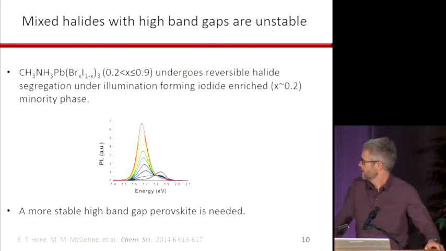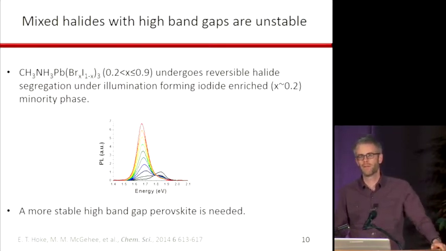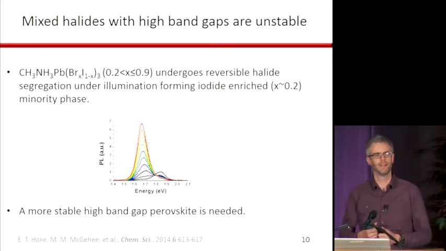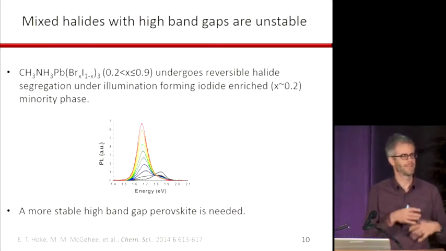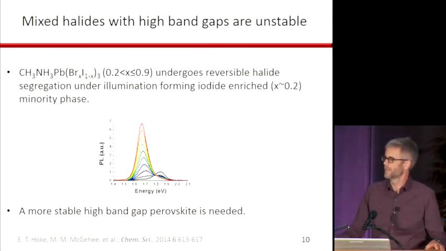Unfortunately, Eric Hoek discovered that the mixed halide compound is not stable. Here you see photoluminescence spectra collected over time. In just a matter of a minute or two, we find that the material under light undergoes a phase separation, which is scientifically cool but kind of annoying technologically.